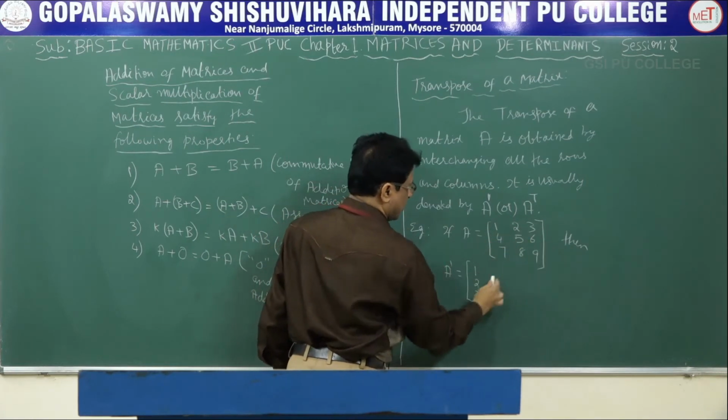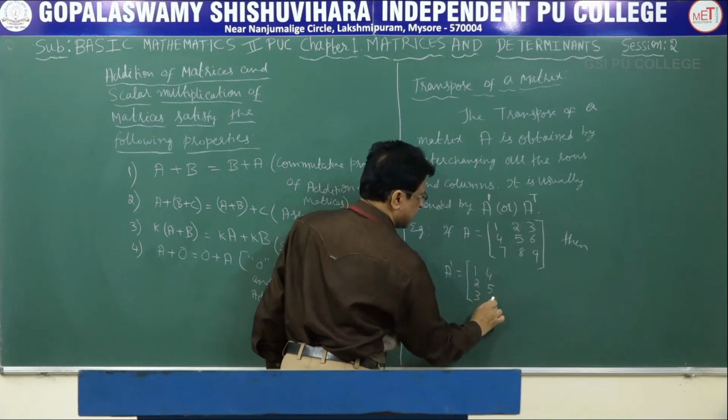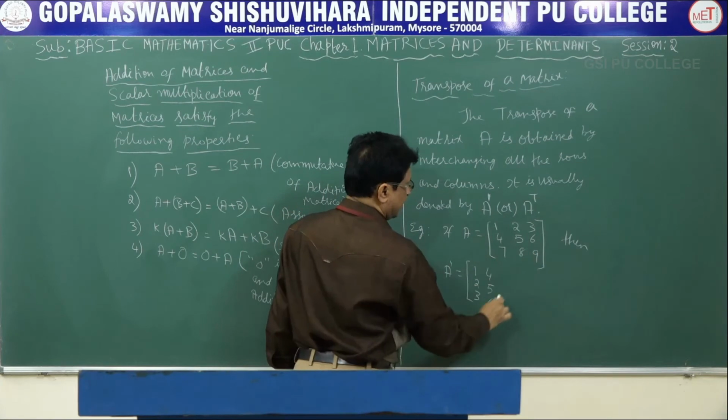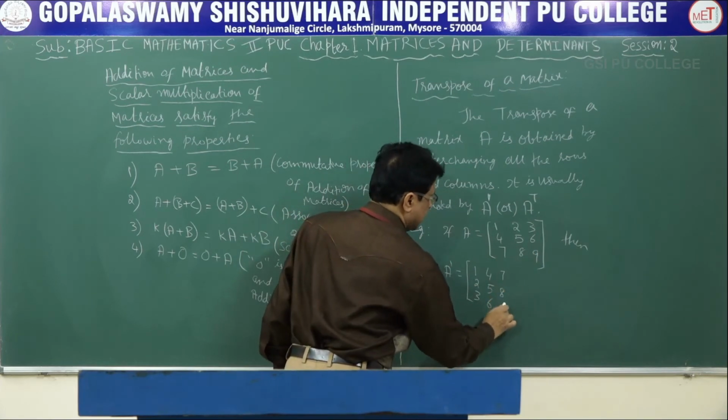The second row should be written in second column. And the third row will be written in third column.